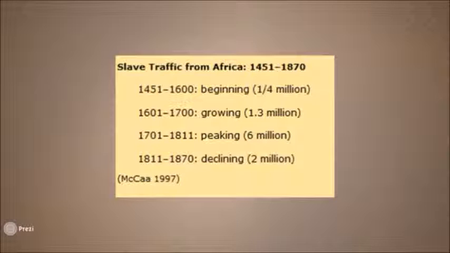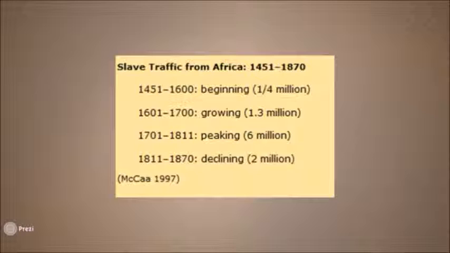And fourth, 1811 to 1870, with 2 million. Therefore, one can claim that the best estimates suggest that between 1451 and 1817, when the transatlantic slave trade ended, over 9 million people were transported from Africa to be enslaved in the New World.